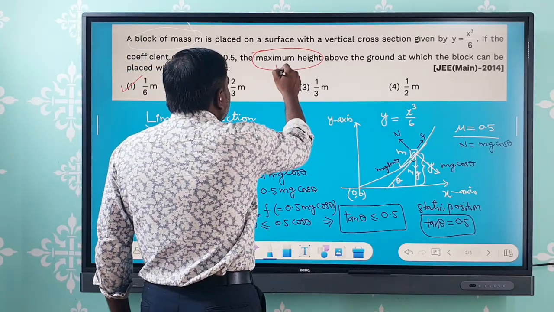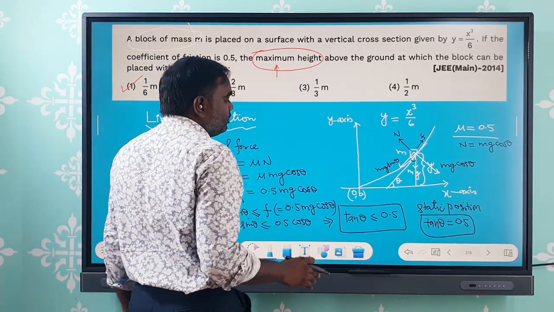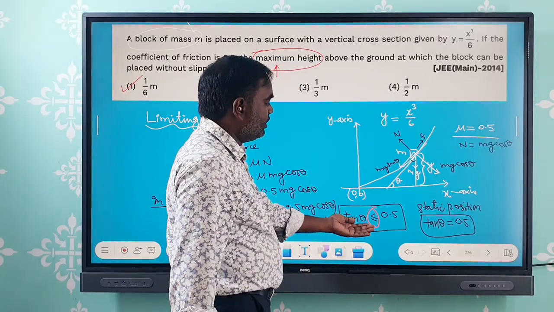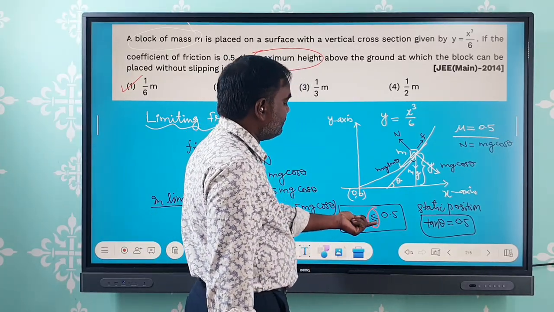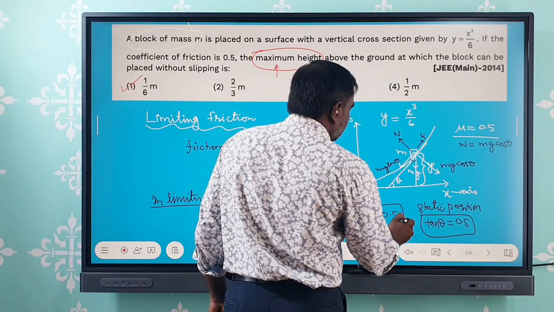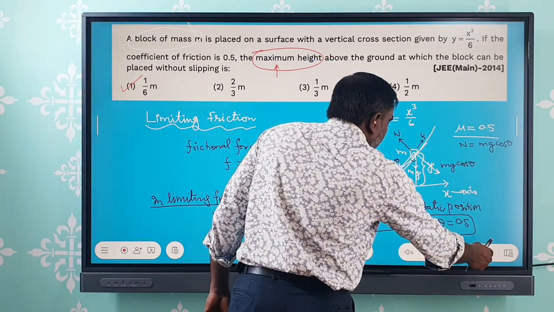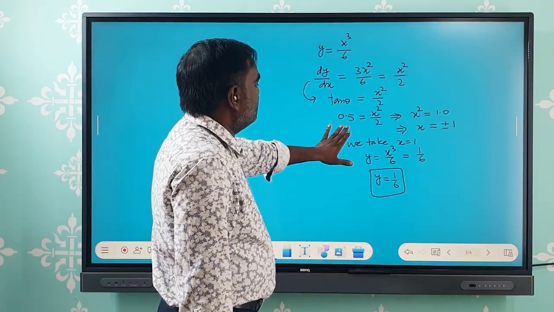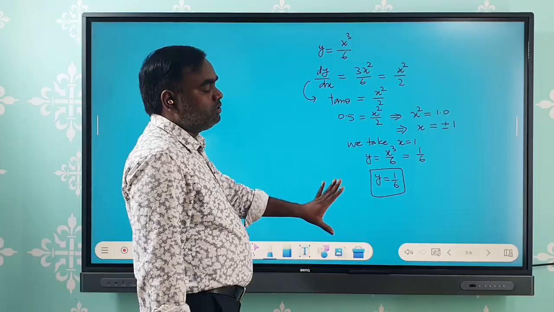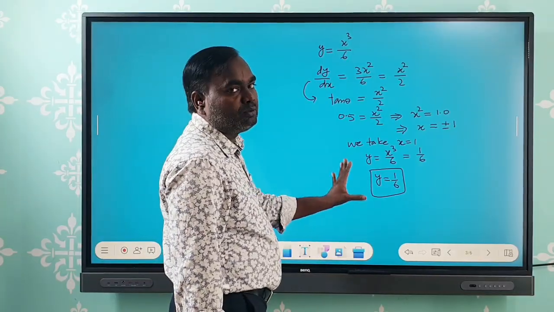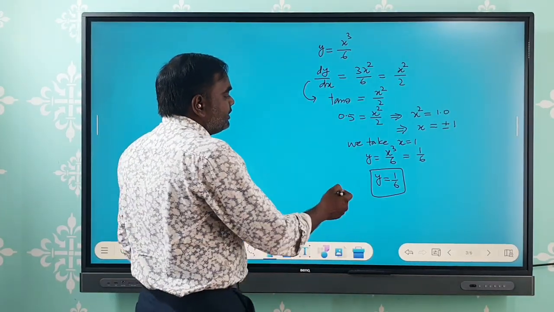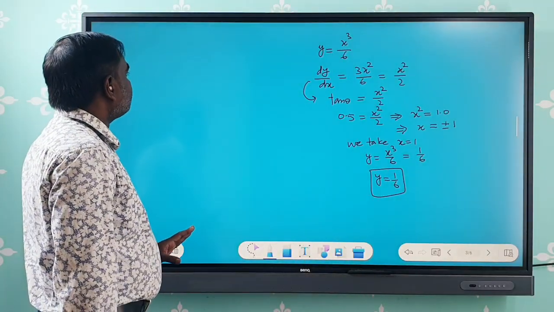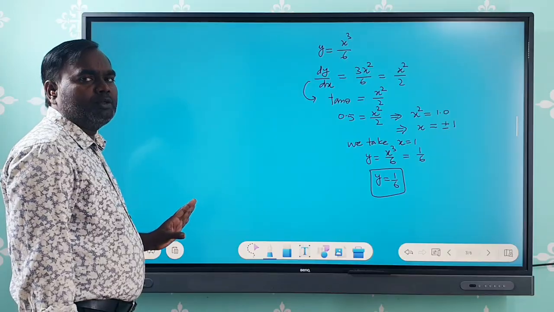Now the maximum point you can also decide from this fact, because we have taken the equal sign. If you keep the inequality, then tan theta should be less than or equal to 0.5, and you will get the maximum height, that is, less than or equal to 1 upon 6. This will be the maximum height, that is 1 upon 6.